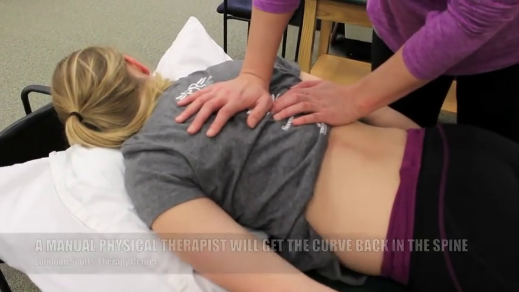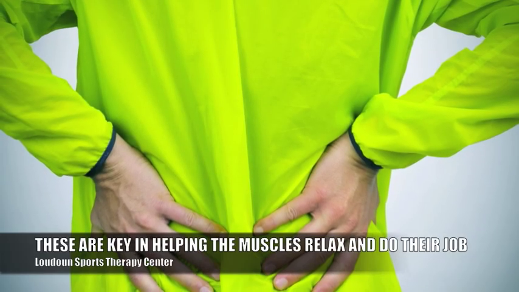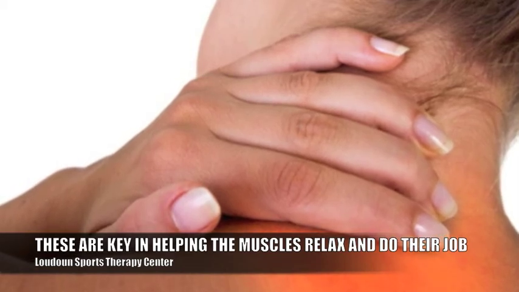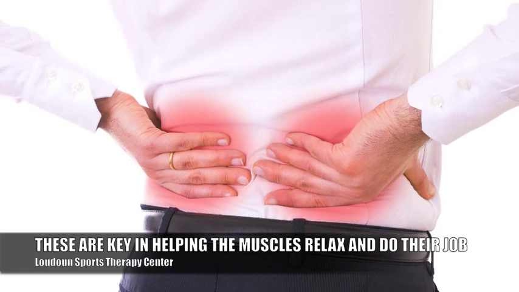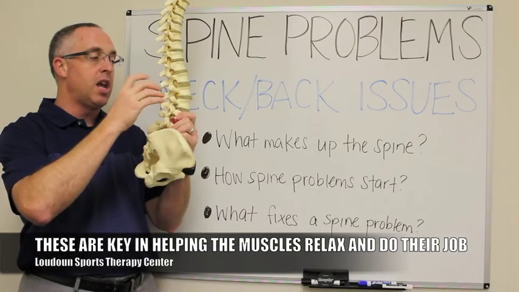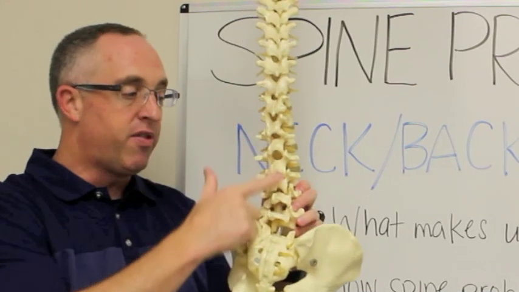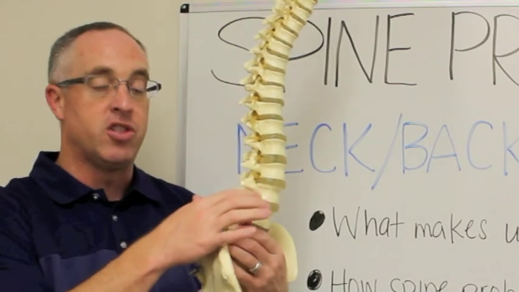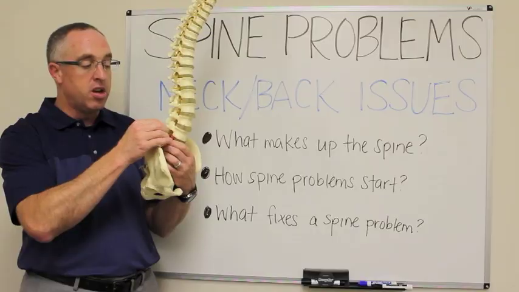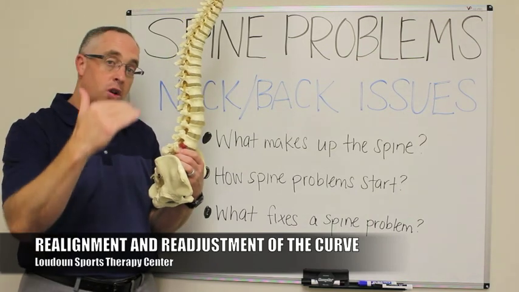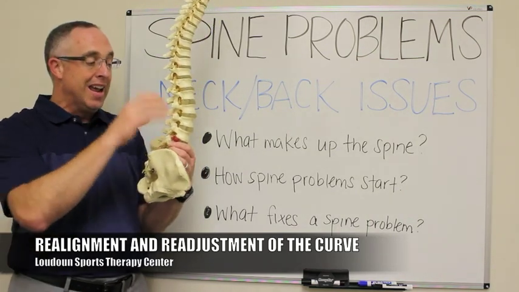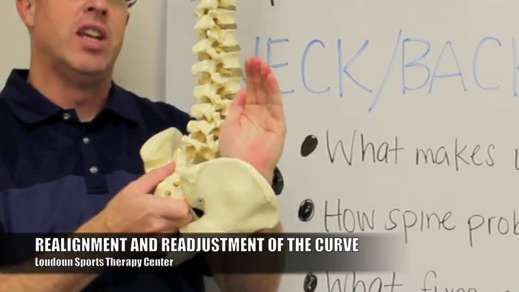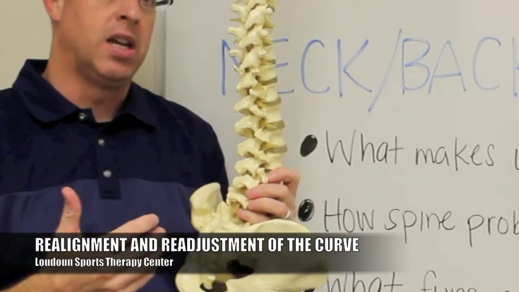Both of those steps are very integral in making sure that those muscles that have gotten so tightened, so guarded, again, whether it's for a couple of days, a couple of weeks, a couple of months, a couple of years, go back into their normal state, go back to being able to hold the curve the way that it should, keep the vertebrae aligned the way that they should, so that whatever was beginning or had happened to that disc gets a chance to heal, so that whatever was happening to the nerve gets a chance to heal. Number one, you'll notice that your symptoms start to go down, but more importantly, it's that realignment and readjustment of the curve that allows things to fully heal and get your problem taken care of once and for all.